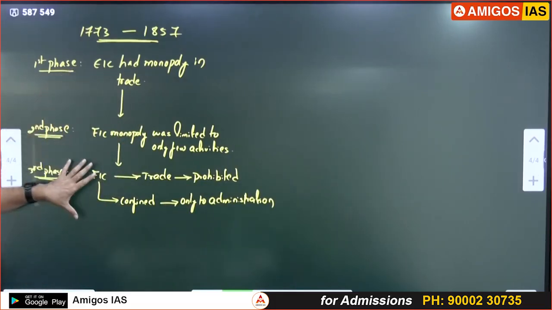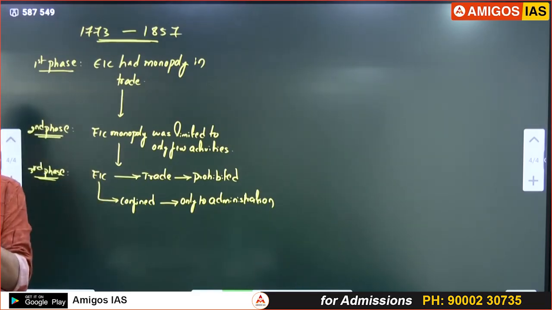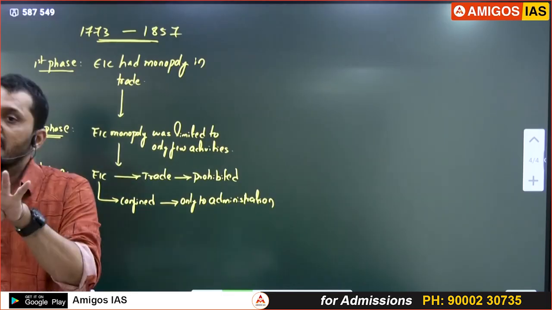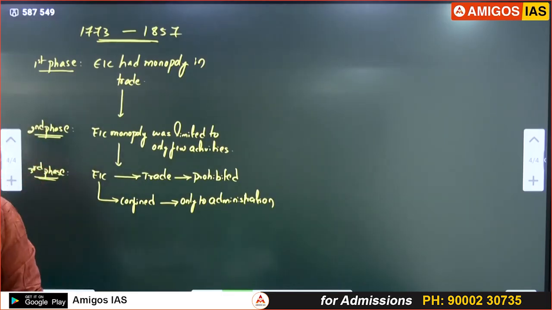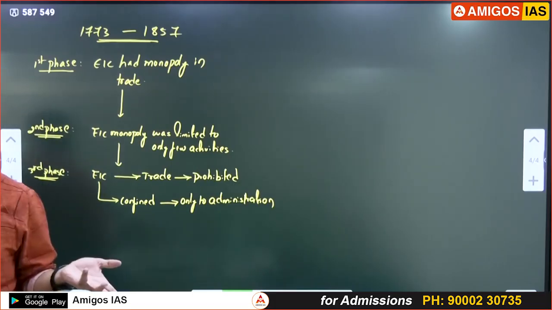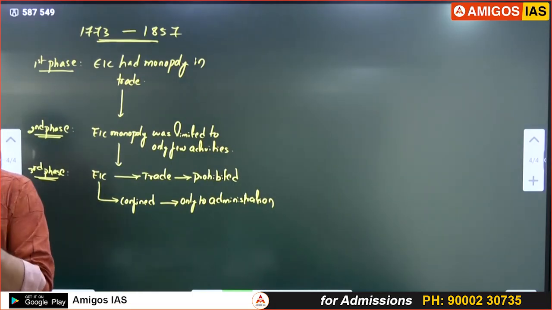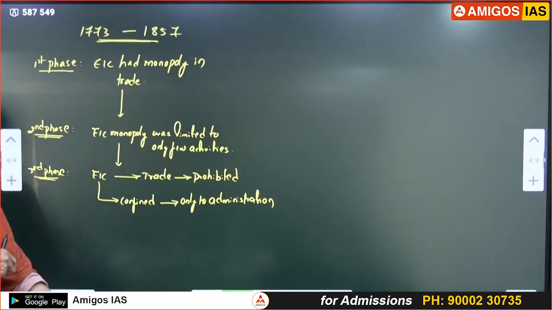From here, this evolution you have to understand. East India Company was confined only to administration, which means they have to supervise only the administrative activities. Later, this administrative setup was used by the British. I told you after 1857, British started directly ruling India. For them, they require staff, offices, and an administrative setup. All that was provided by the East India Company.